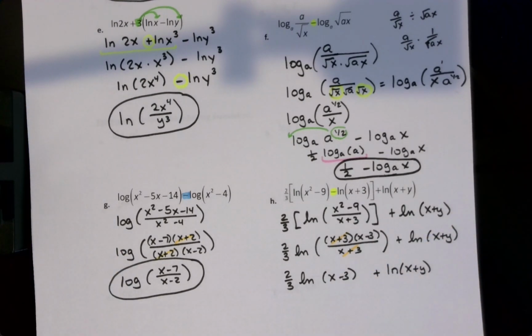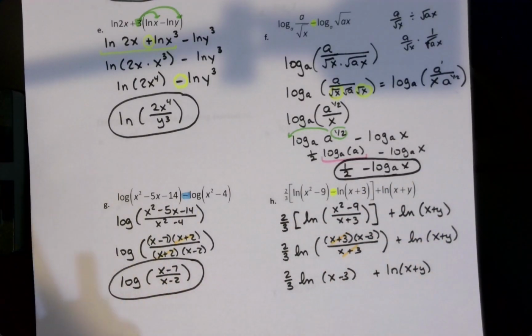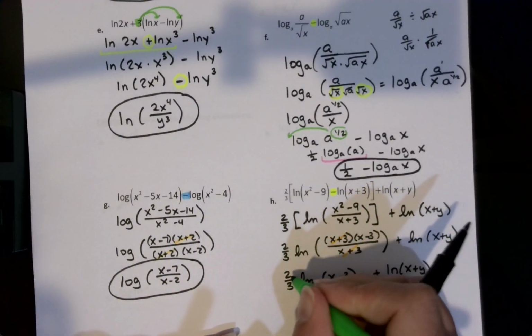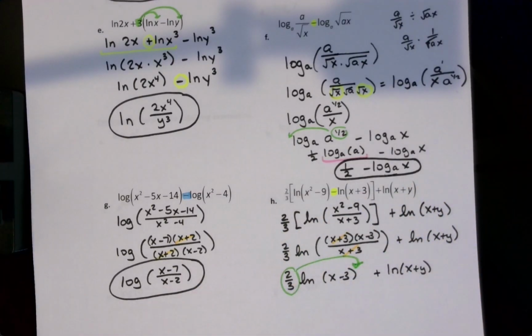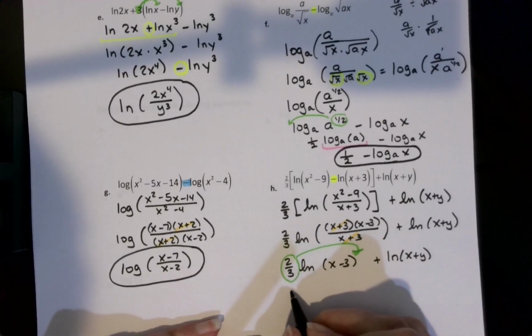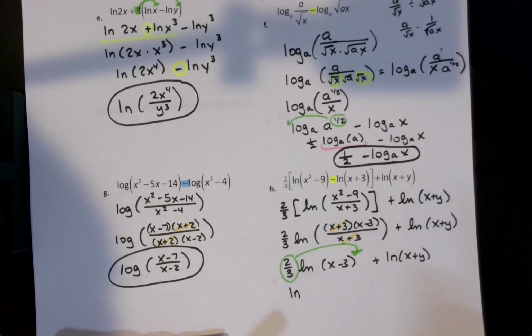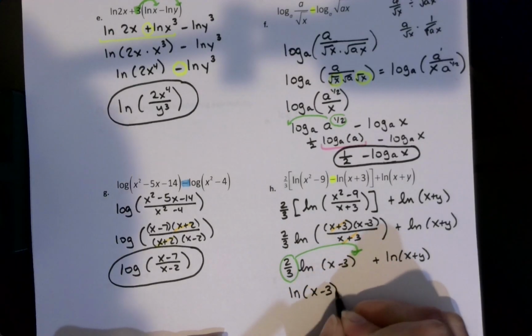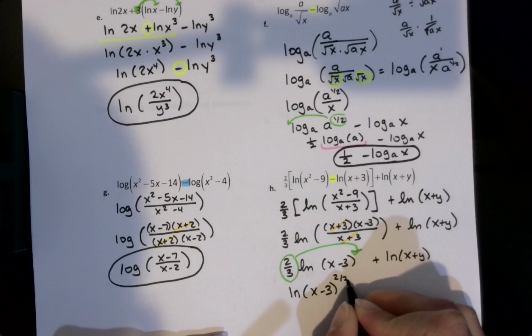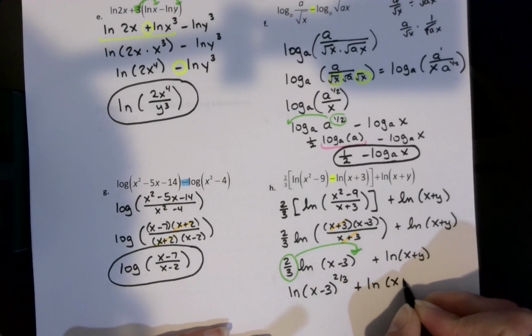Now that the inside of those brackets have been simplified as much as possible, I'm ready to use the 2/3 as an exponent according to the power property. So now my natural log miraculously turned from cursive back to print. And so I've got natural log of x minus 3 to the 2/3 plus the natural log of x plus y.